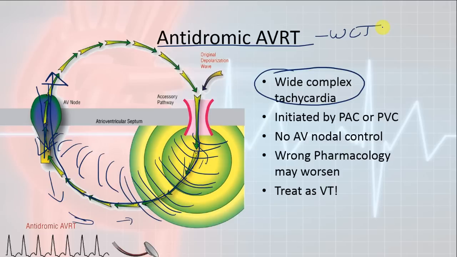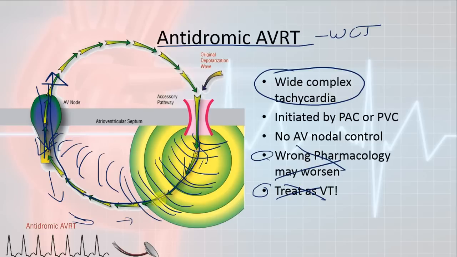When this was first published, one of the things that they used to say is that the wrong pharmacology may worsen this. Okay? And you always treat it as VTAC. I will tell you now, this is no longer the case.